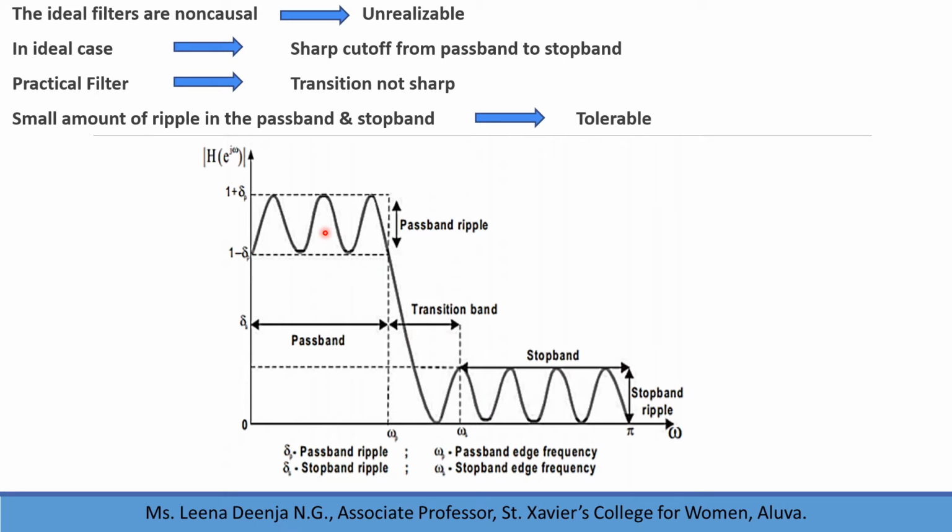Here we can see that there are ripples in the passband and the stopband. The passband ripple is denoted by δp, and the stopband ripple is denoted by δs. When we design a particular filter, we want to specify the passband edge frequency ωp, stopband edge frequency ωs, passband ripple δp, and stopband ripple δs.